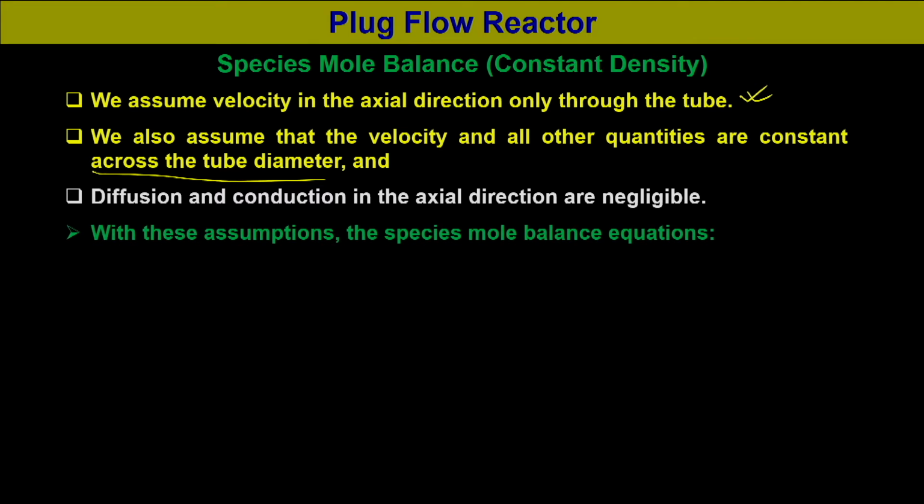So, with this assumption we can write the species mole balance as d/dx of V x C k, where velocity is V x in the axial direction and C k is the concentration of any species k, equal to, for m number of chemical reactions, the summation over i equal to 1 to m of alpha i k r i.